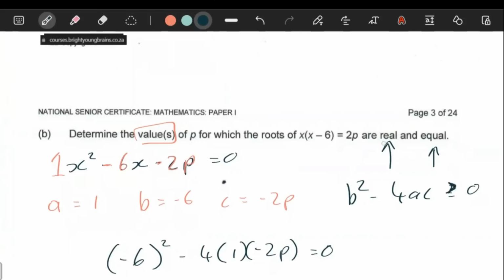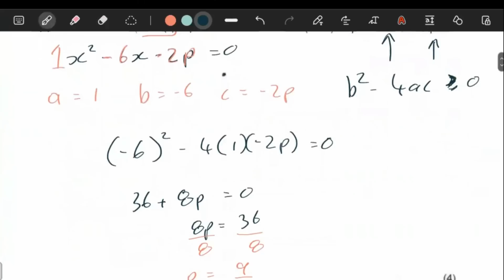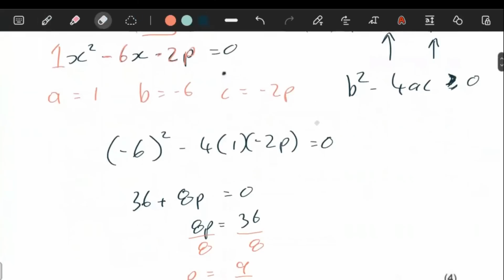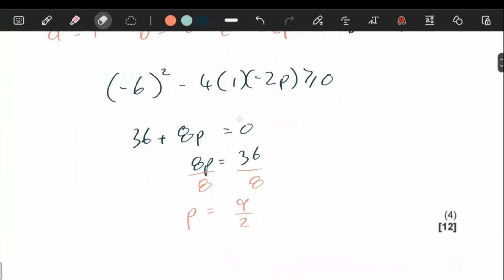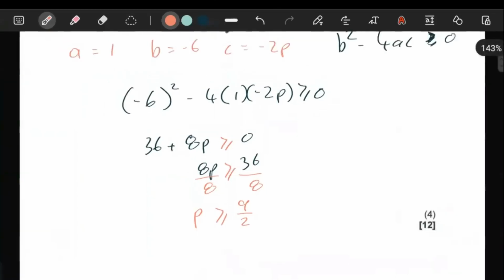Because they are real where it's bigger than 0, and they are equal where it's equal to 0. So let's just change this to bigger or equal to 0. Meaning that this here in the middle can be bigger than or equal to 0. Perfect. So we're going to get our 4 marks there.